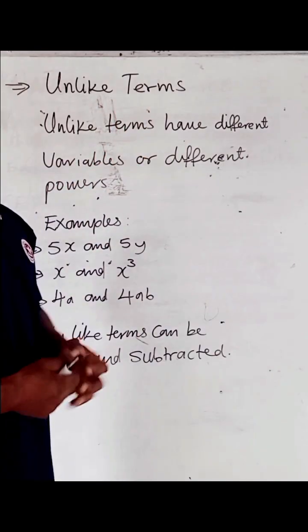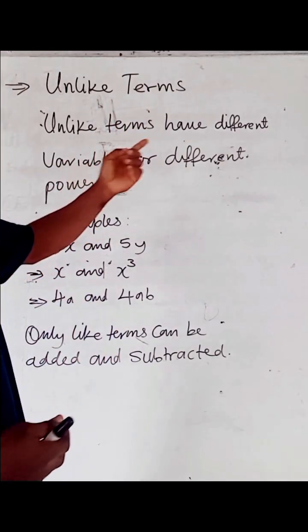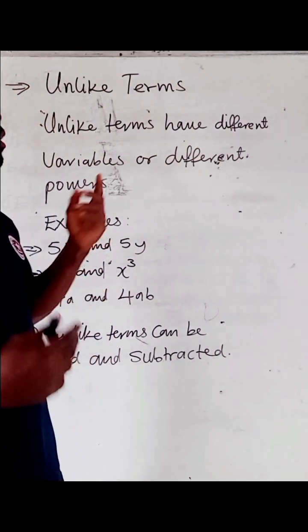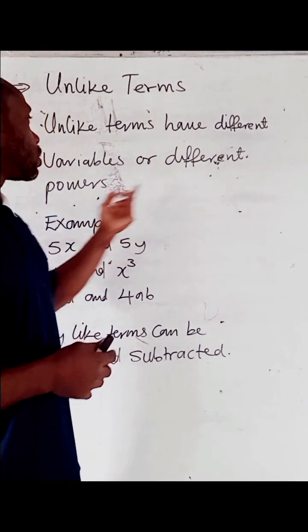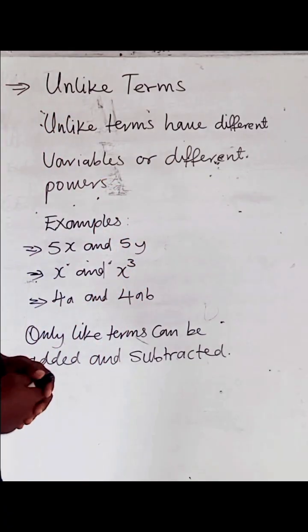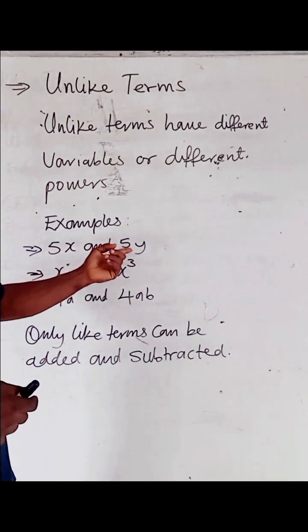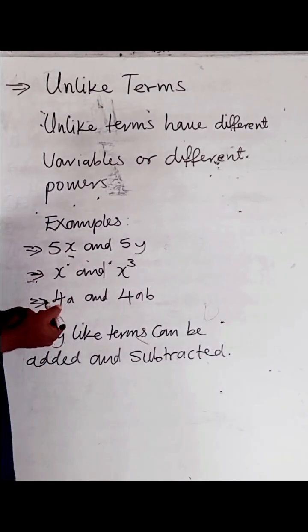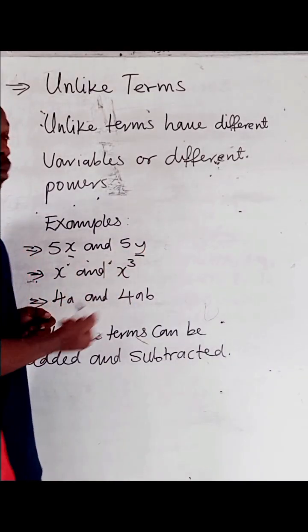Unlike terms. Now, unlike like terms, unlike terms have different variables or different powers. For example, 5x and 5y. The variable here is x, while the variable here is y.